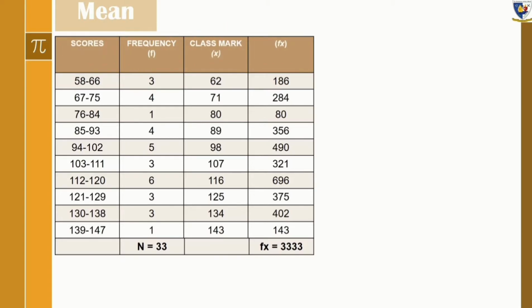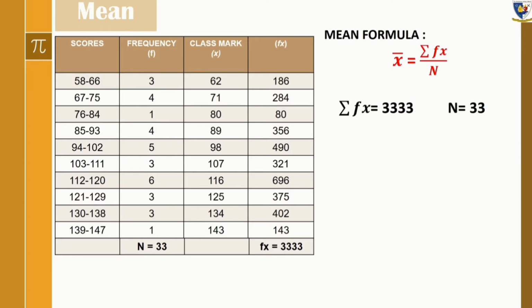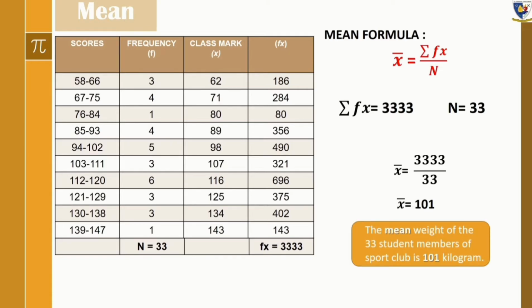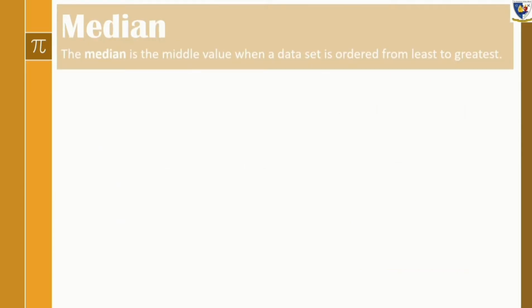As I mentioned earlier, it is easier to compute since we already have the values of the data. So we just need to apply it. We already have the summation of fx, which is 3,333, and the total frequency or n, which is 33. To apply it, 3,333 over 33 is equal to 101. Therefore, the mean weight of the 33 student members of the sport club is 101 kilograms.